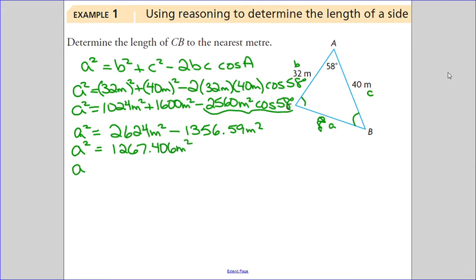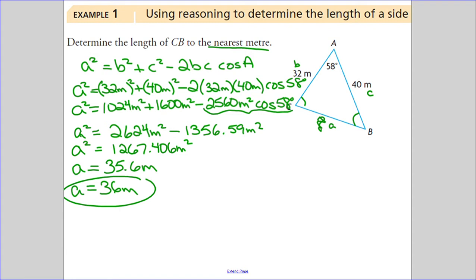We'll take the square root of this, so A is going to equal 35.6 meters, and then it wants it to the nearest meter, which means that A is going to equal 36 meters. So using the cosine law, we're just plugging in our values and making sure that when we plug them in, we have the right setup from our triangle that's given.